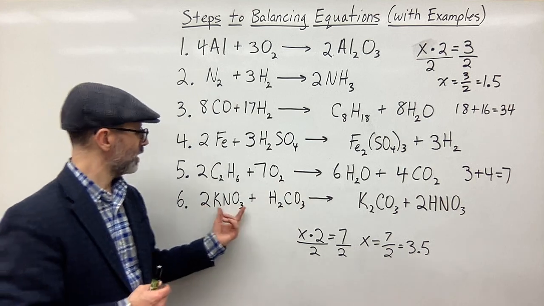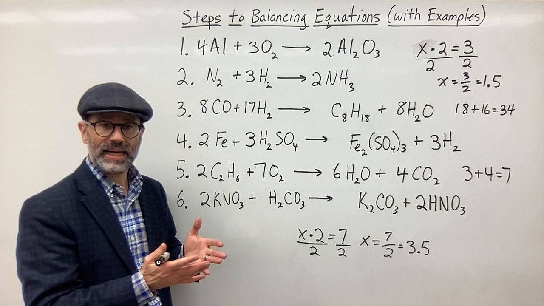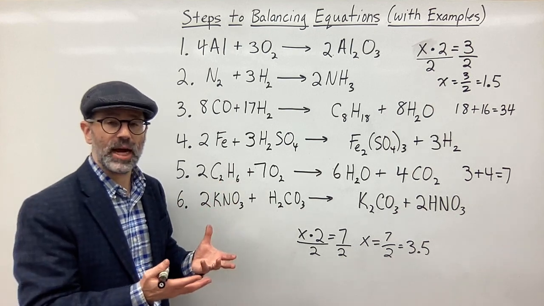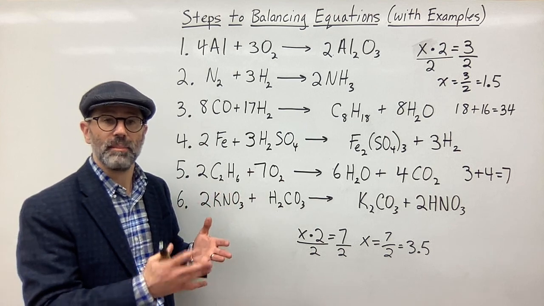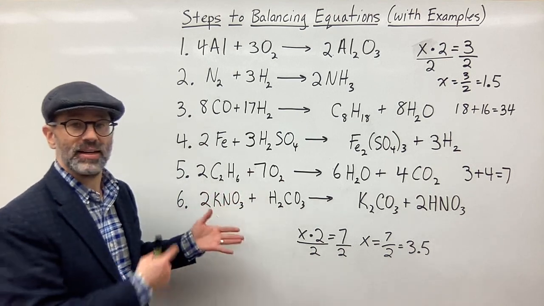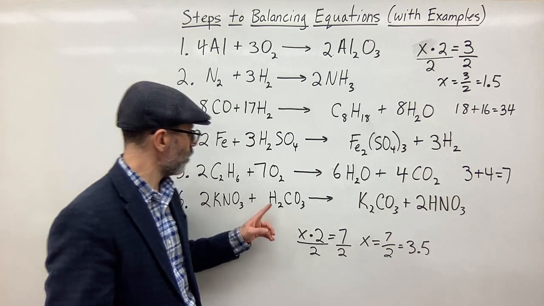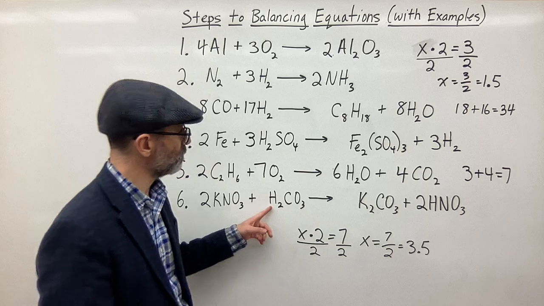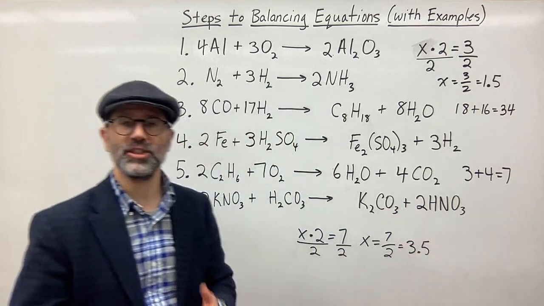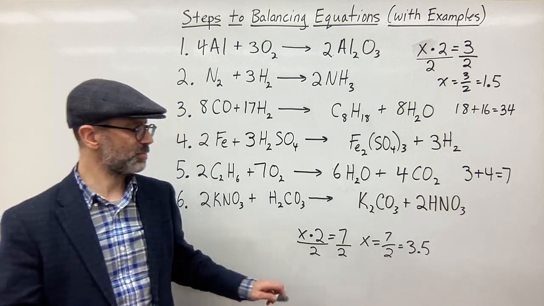But because I was treating the polyatomic ions as wholes and the oxygen is part of the polyatomic ions, I ended up balancing the oxygens along with everything else. But now I have hydrogen and hydrogen is last. So I have 2 hydrogens here, and I have 2 times 1 is 2. So the hydrogens are balanced. And that, ladies and gentlemen, is how you use the steps.